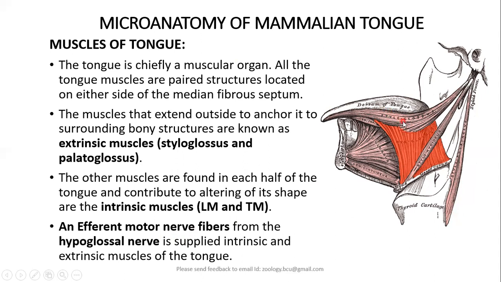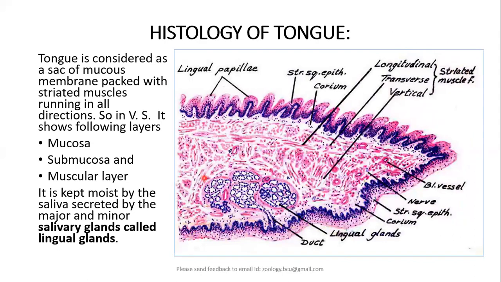Hypoglossal nerve is nothing but the 12th cranial nerve. So this nerve innervates all the extrinsic and intrinsic muscles. So thereby the muscle movement is coordinated through the brain. And of course, all these muscles are skeletal muscles or voluntary muscles. Thereby we are able to move our tongue as per our wish.